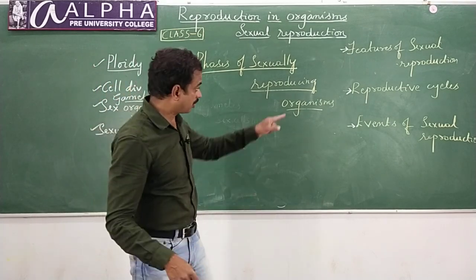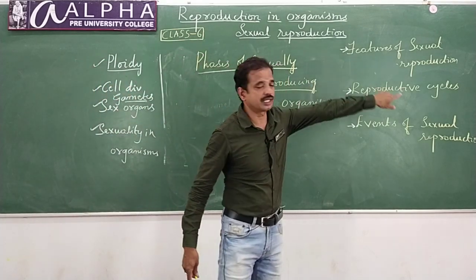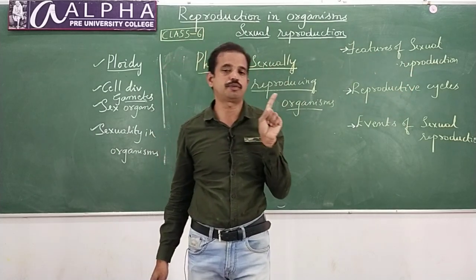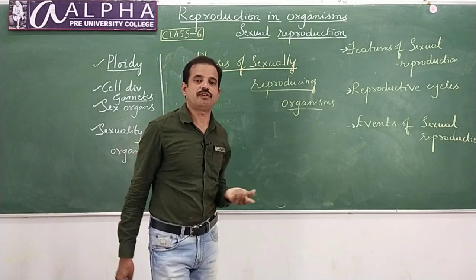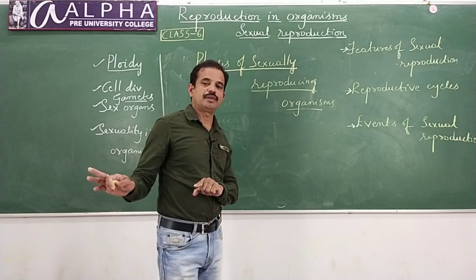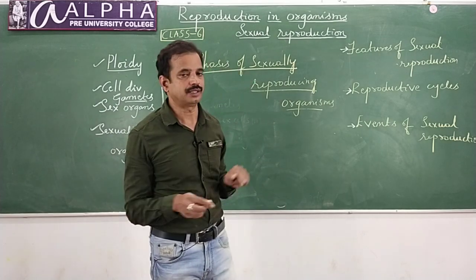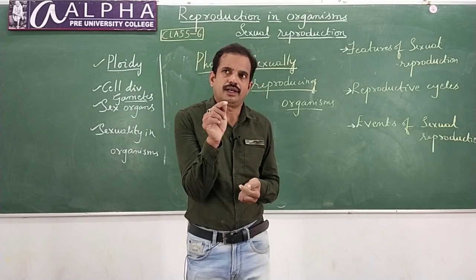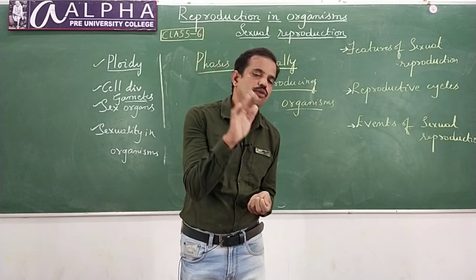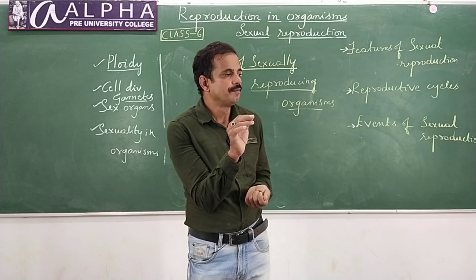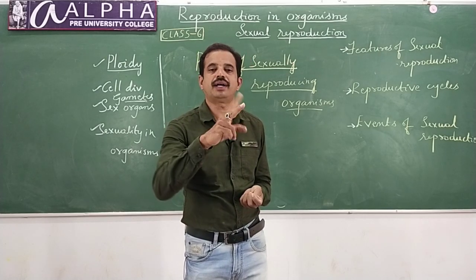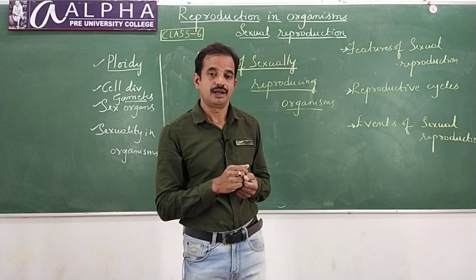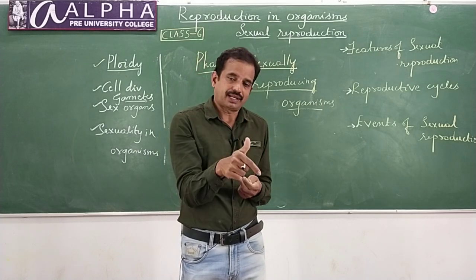But before that, I want to add another point for these features of sexual reproduction. What did I say? The first point, two parents, opposite sex. Second point, the gametes are formed, male gamete and female gamete, by the two parents, male and female parent. But in your textbook, or in some higher books, they have given that the gametes may be formed by two different parents, male and female, or by the same parent.